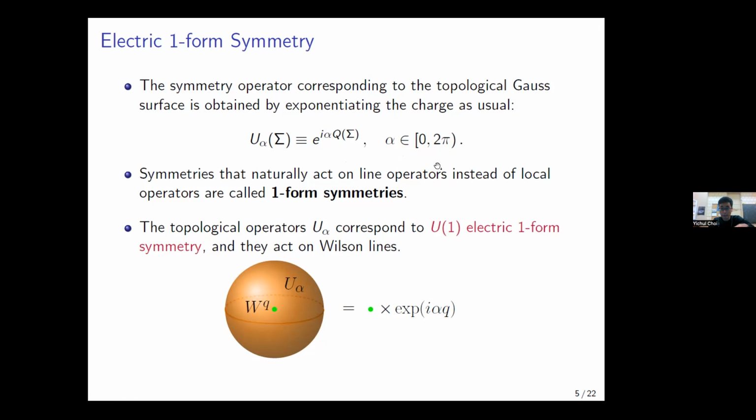But there is one difference from ordinary symmetries, which is that this topological surface operator naturally acts on Wilson lines instead of local operators. This kind of symmetry that acts on line operators instead of local operators is called a one-form symmetry. In the context of EM, this U sub alpha is usually referred to as the U(1) electric one-form symmetry because it measures the electric charge of the Wilson line through the Gauss law.